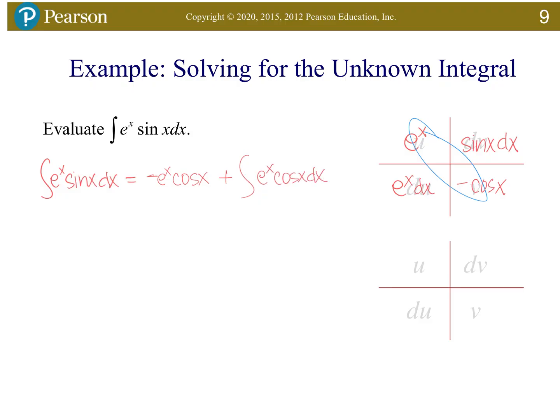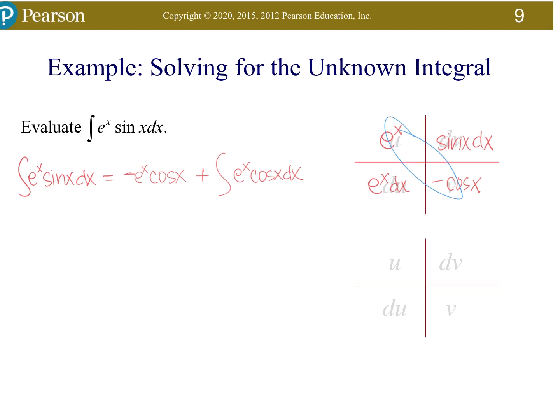So that leads us up to doing this process a second time, because we still have the combination of the exponential and the trig. So we'll choose that exponential again, and then have cos x dx as our leftover values. All right, so the derivative process, and then the antiderivative, sine of x.